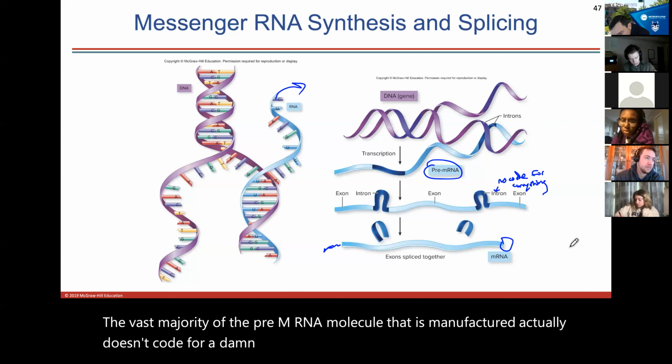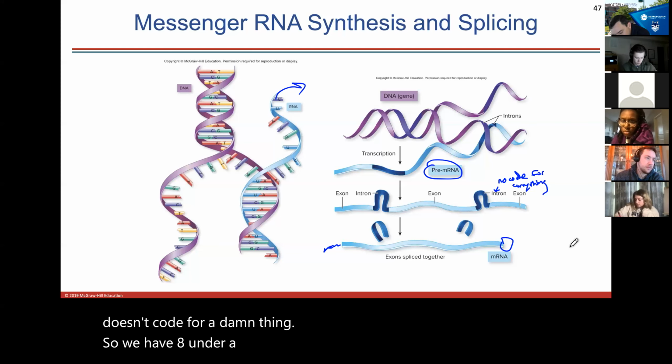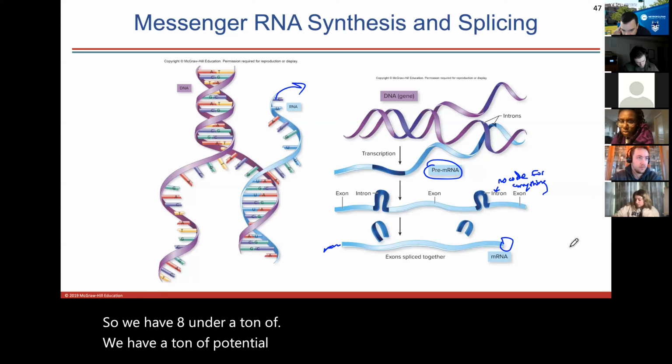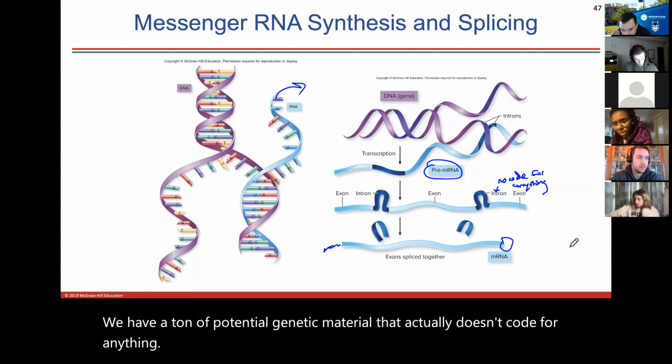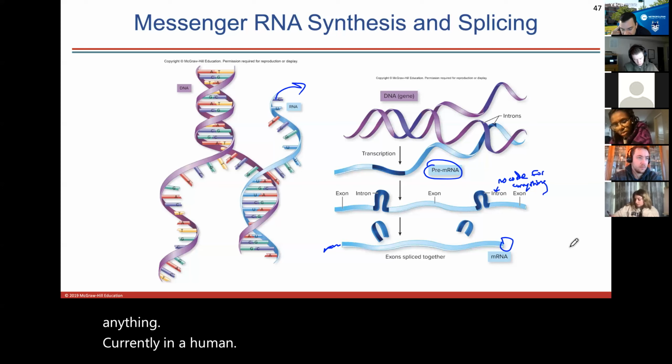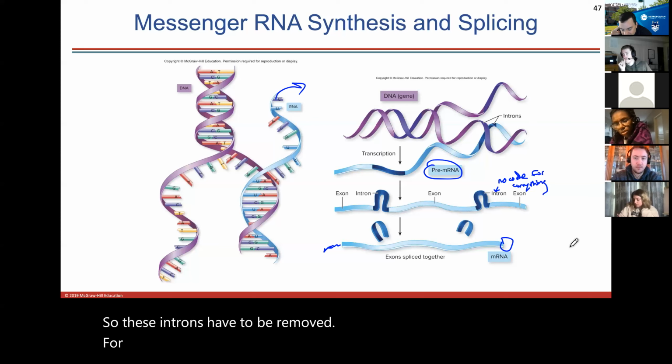So we have a ton of potential genetic material that actually doesn't code for anything currently in a human.